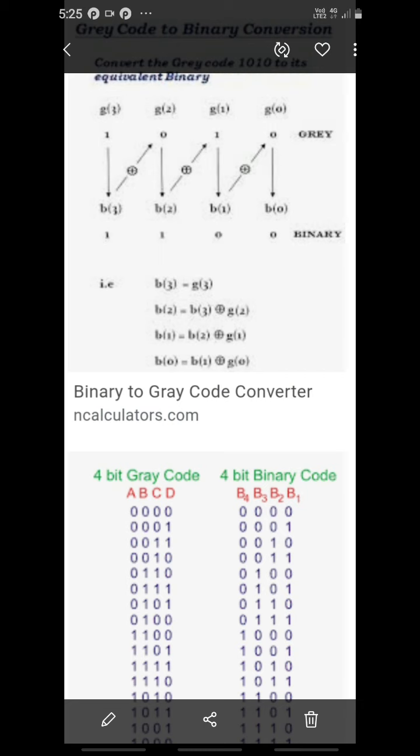First one: take Gray code 0000, and its binary code is 0000. Then take 0001: the MSB bit is taken as it is, that is 0, and that digit is added with the next bit, 0 plus 0 is 0, again 0 plus 0 is 0, 0 plus 1 is 1. So this is the answer here.